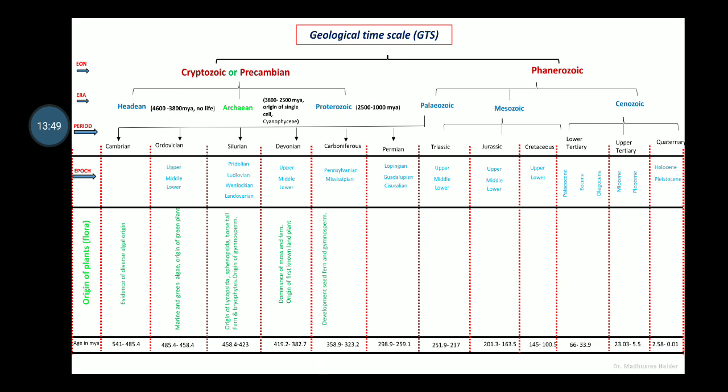In Carboniferous, development of ferns and gymnosperms was found, and then forests of gymnosperms and ferns were also found in this period.